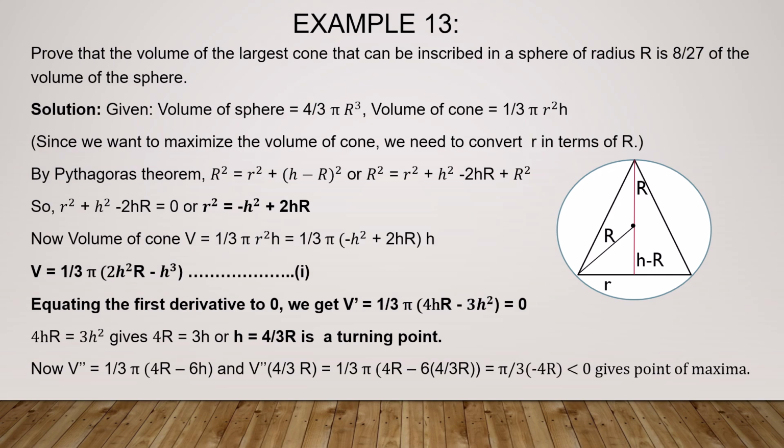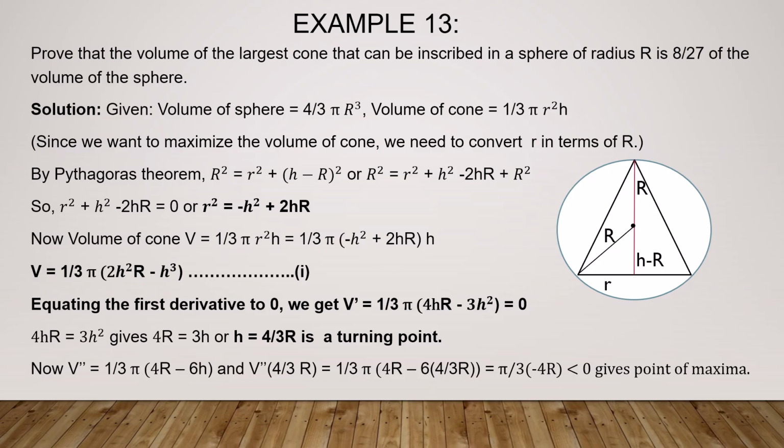So this is our turning point. Now we need to find the second derivative to check our condition for maxima, because we want the largest cone, correct? So what will be the second derivative? From the first equation you find the second derivative. It is 1 upon 3 pi, again 4R is constant, into derivative of h, which is 1, minus derivative of 3h square, which is 6h.